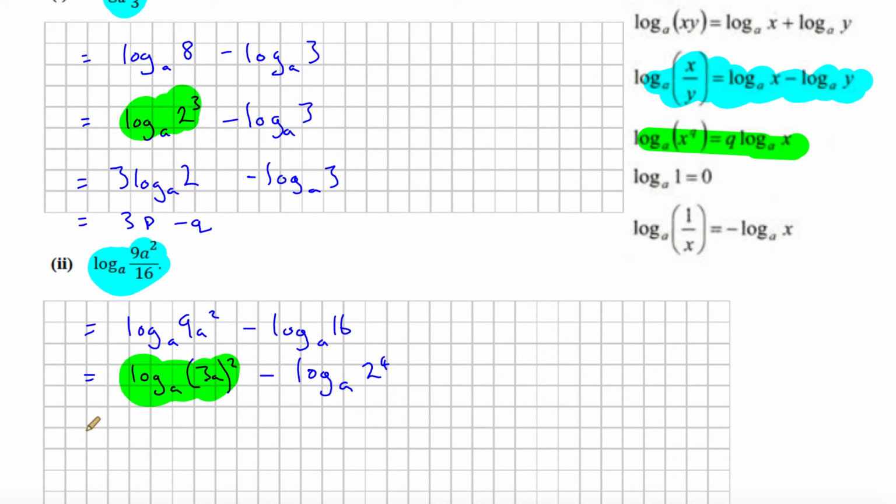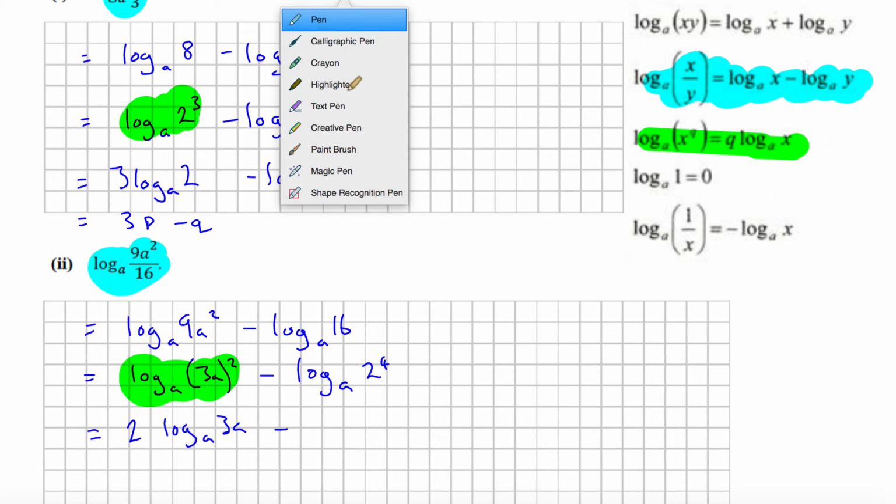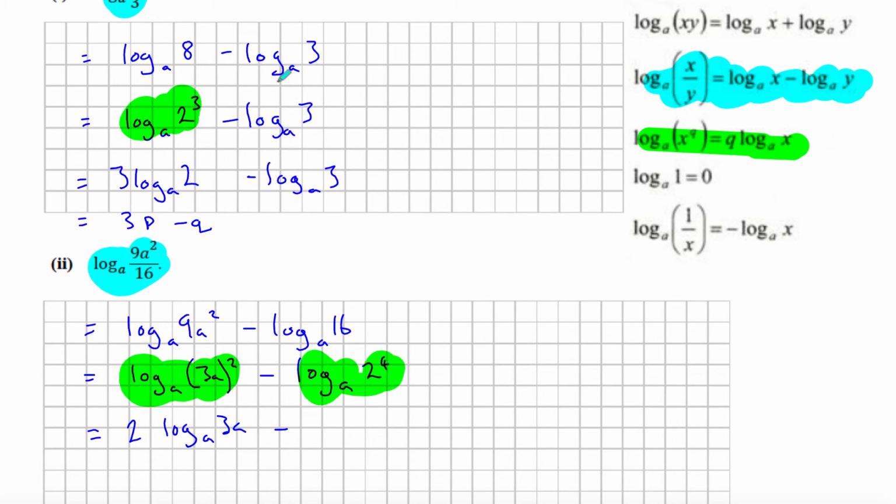When I do that, the 2 will come down to the front, so it's going to be 2 times the log of 3a to the base a. And then that's going to be minus, and I'm going to apply the same law to this one. So the 4 will come down to be 4 times the log of 2 to the base a.